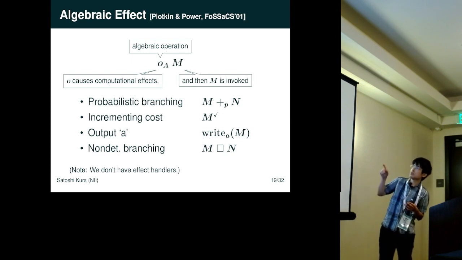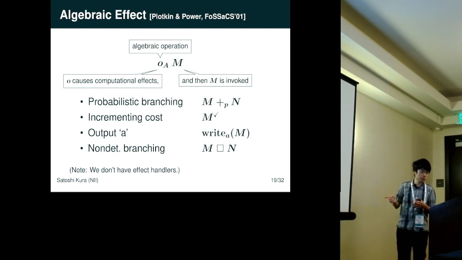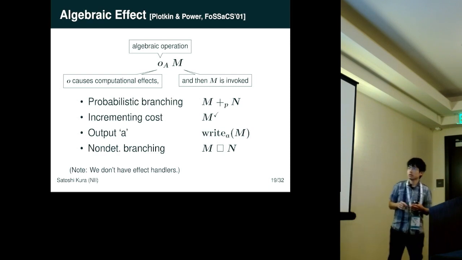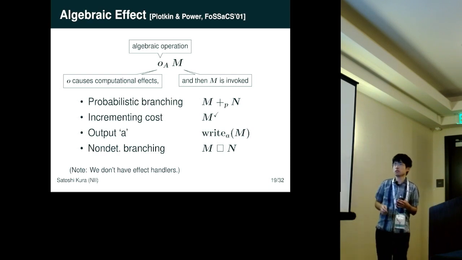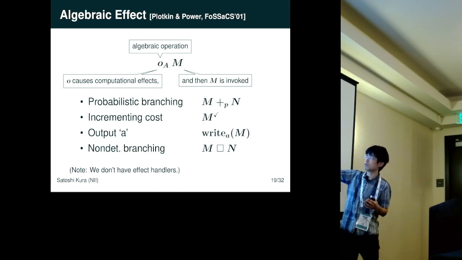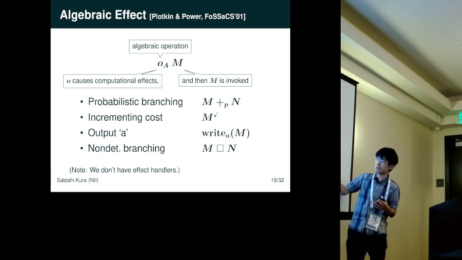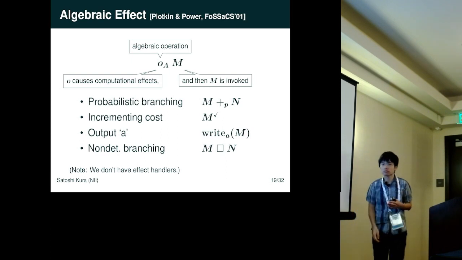And M is a computation that is invoked after the algebraic operation. And we can deal with many kinds of computation effects in this framework. For example, we can deal with probability, cost, output, and non-determinism, like this.